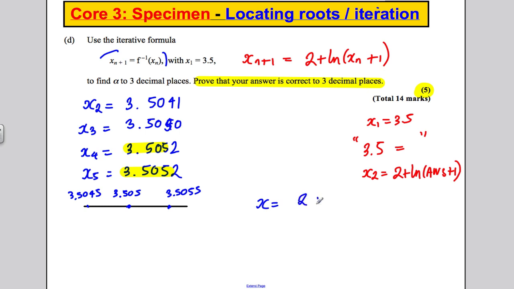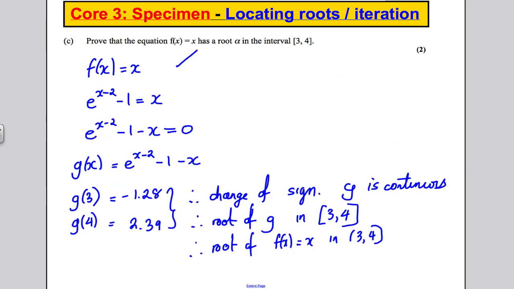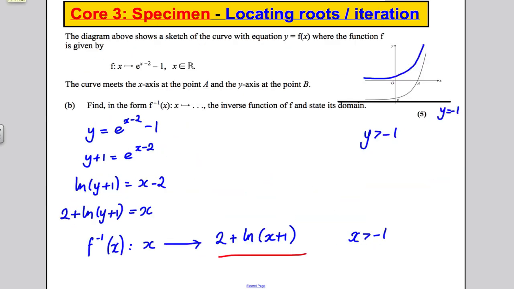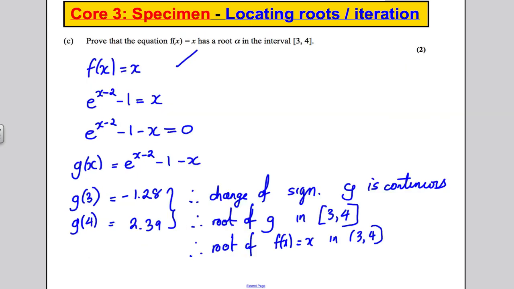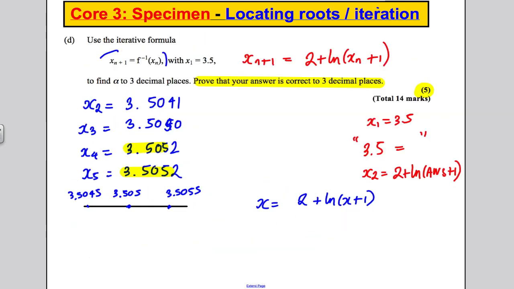Well, this is x is equal to 2 plus ln x plus 1, and so going back here, I would rewrite this as 0 is 2 plus ln x plus 1 subtract x, and I would call that a new function g of x.